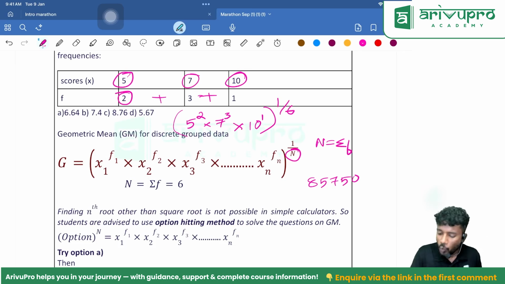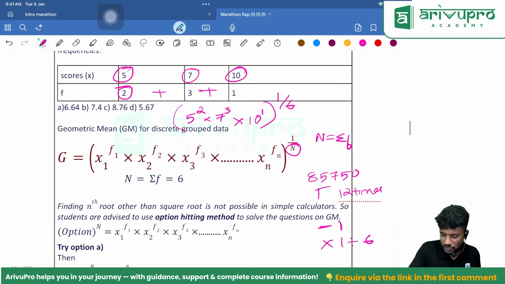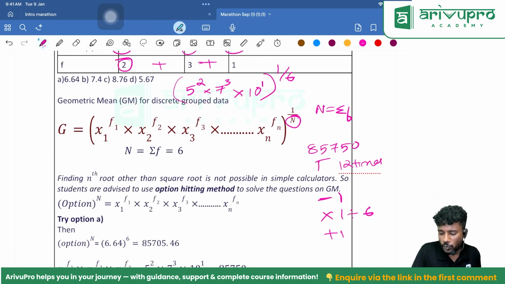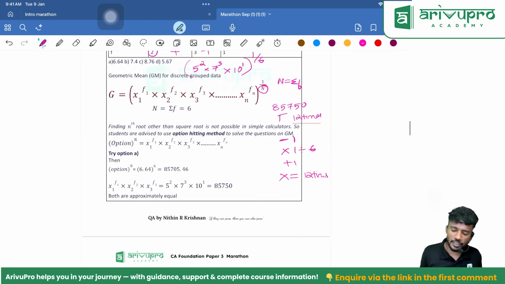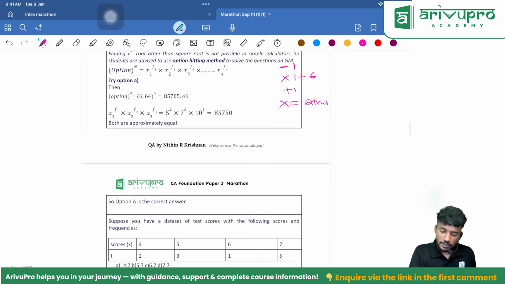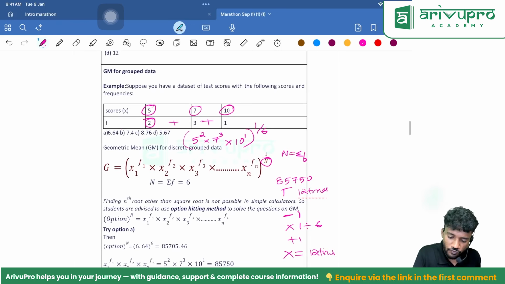Root how many times? 12 times. Then minus 1. Multiply it with 1 divided by 6. Then plus 1. Then into equal to 12 times. At the end, how much are you getting? 6.65. Option A is your answer.